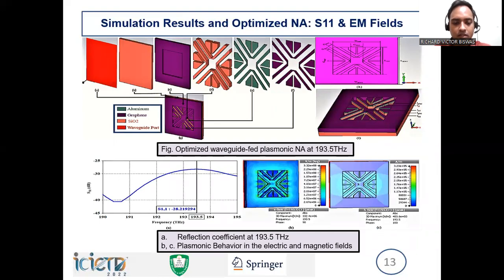For our proposed nanoantenna resonating at 193.5 terahertz, the return loss of -28.22 dB and -10 dB impedance bandwidth of 88.43 terahertz have been achieved as depicted in figure A. In figures B and C, the electric field and magnetic field patterns in the XY plane at 193.5 terahertz are illustrated respectively.